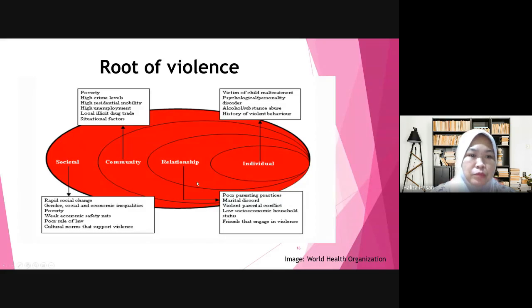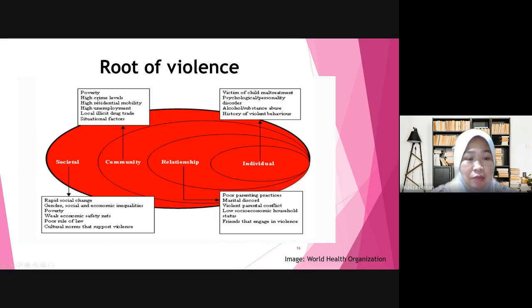Community: poverty, high crime levels, high residential mobility, high unemployment, local illicit drug trade, and situational factors. So the root of violence from the community can be because of poverty.